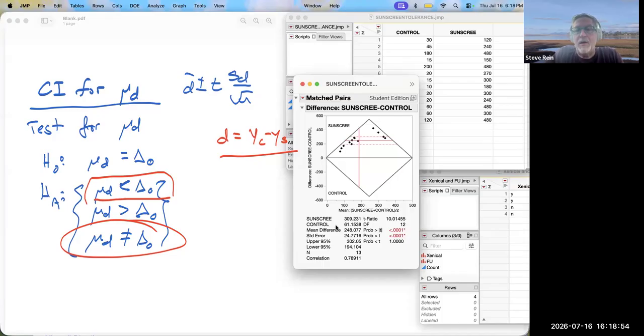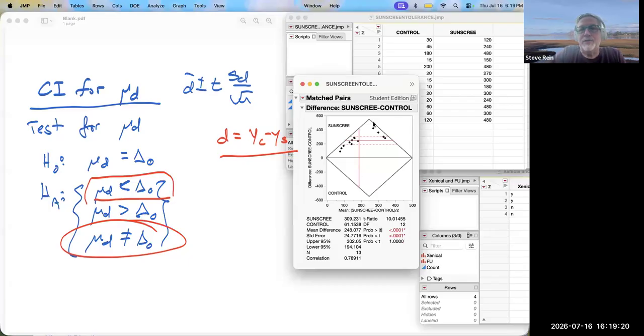If we have the alternative hypothesis that mu d is less than zero, that's going to be the probability in this case of greater than t, because instead of control minus sunscreen, we've got sunscreen minus control in the output. Again, you could change that ordering if you wanted to. But I'd say the chance that we have a t value larger than what we observed is tiny.